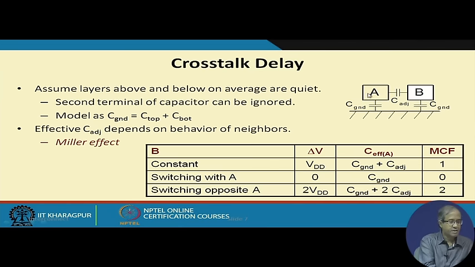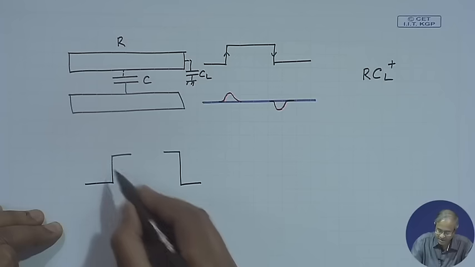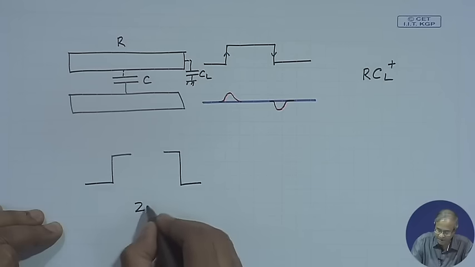Second case is that both are switching together. So, the change in voltage across these points is 0, so across this capacitive plate there is no voltage. So, C adjacent will not come into the picture, only C ground will. But if they are switching in the opposite direction, one going from 0 to 1 and the other from 1 to 0, then the difference in voltages can be twice VDD, right.